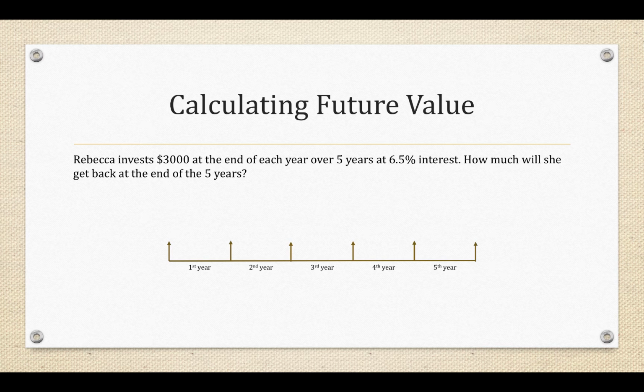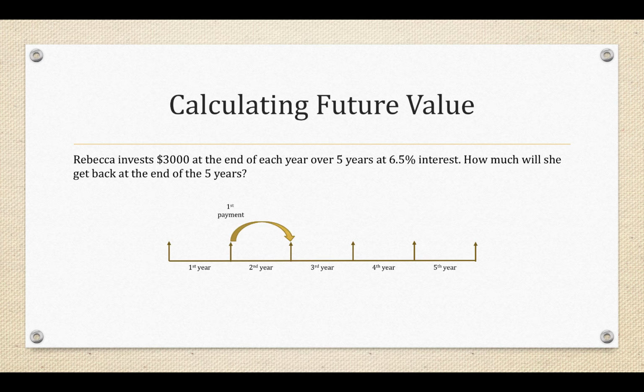Now, let's have a look at what happens here. If Rebecca makes a $3,000 investment at the end of each year, over 5 years at 6.5% interest, how much will she get back at the end of the 5 years? Her first payment isn't made until the end of the first year. Her second payment isn't made till the end of the second year, and her third payment isn't made until the end of the third year, etc. So how does that impact how long it actually stays in there for?